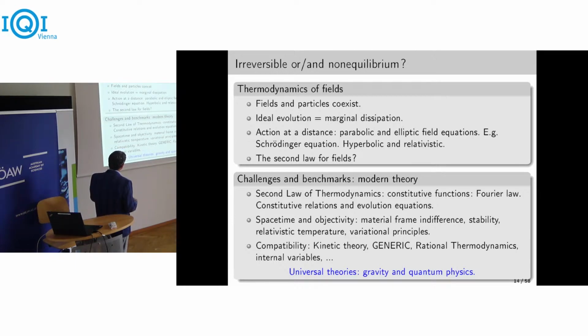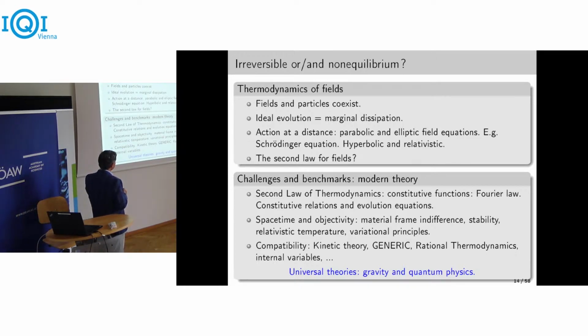The challenges and also the benchmarks of the modern thermodynamic theory are the true representation of the second law and the true representation of space-time and objectivity, and those are long well-treated subjects of this field of physics.